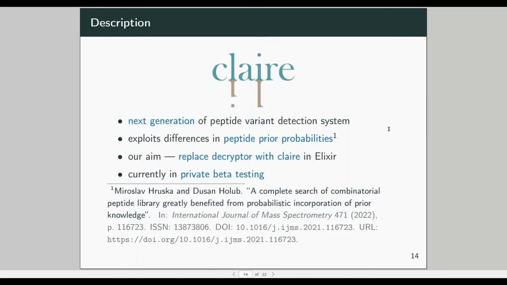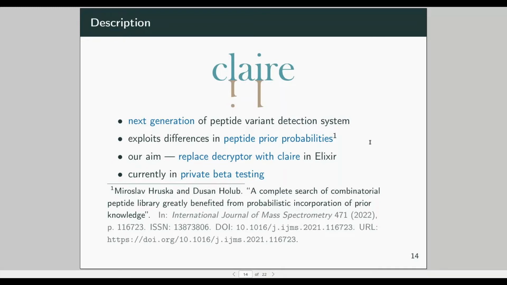For example, a reference peptide, which is shared among the whole population, is much more likely than a variant peptide which is, say, present in a 1,000th of the population. Claire exploits these differences because they are present to a very high degree in the analysis of proteomics data. If someone would like to read more, one can read the recent article we have here about the prior probabilities of peptides.